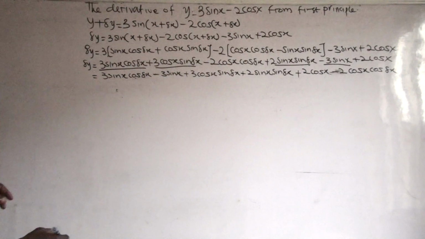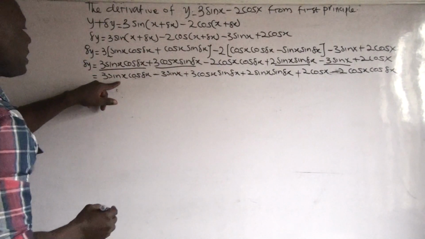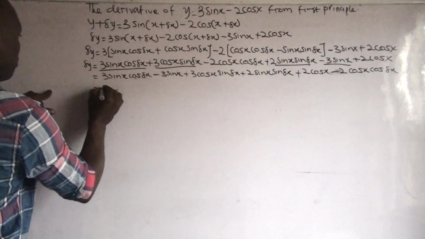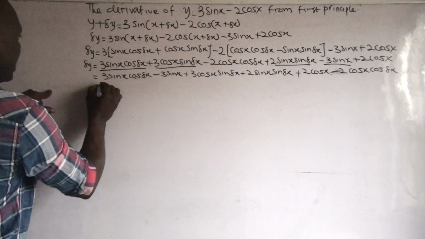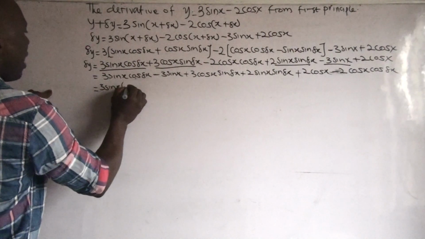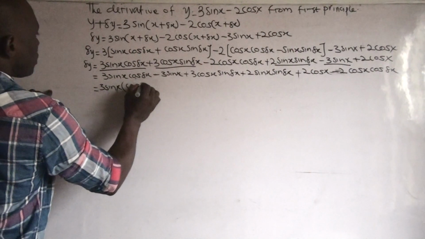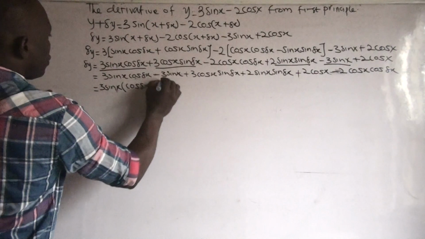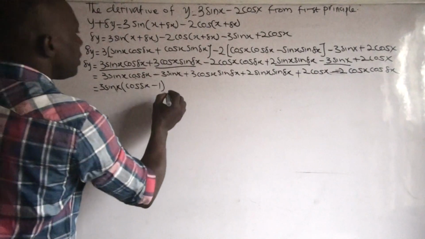Here we're going to factor out 3 sin x, and here we have cos delta x minus 1, close our bracket.